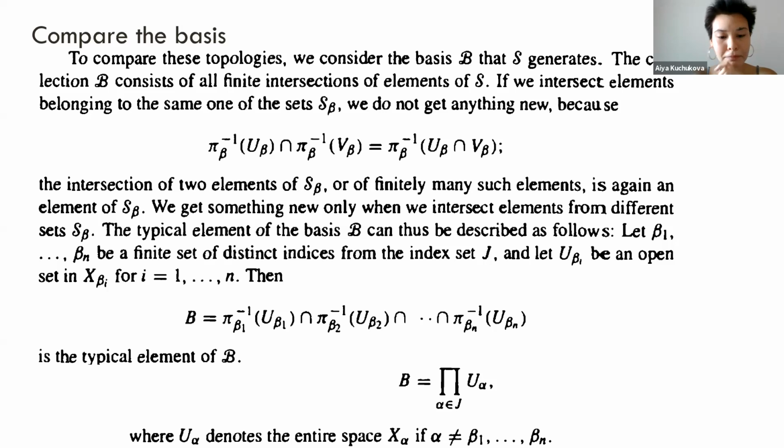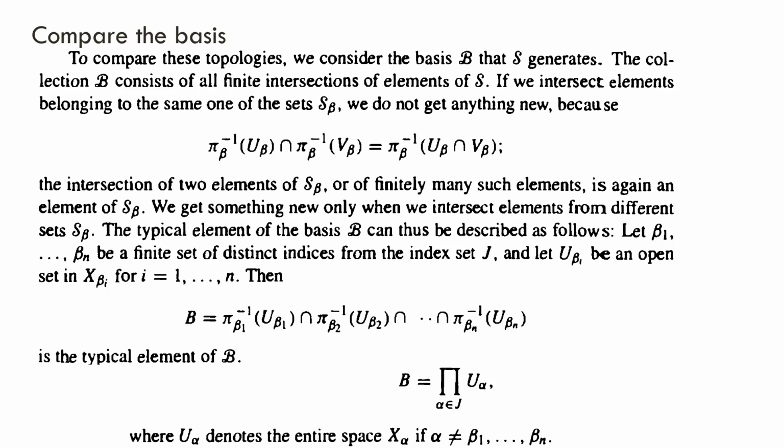But why? Otherwise, it cannot be generated by this subbasis. Because if you take the finite intersection, then you can only get finitely many open intervals.